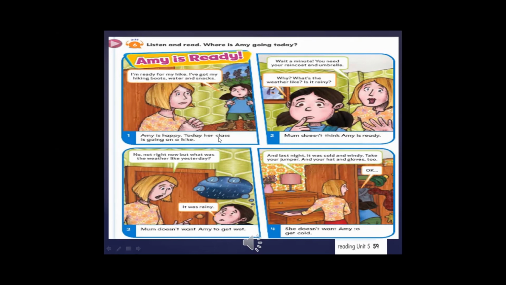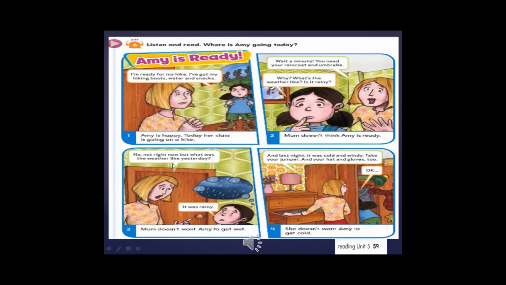Today her class is going on a hike. Wait a minute. You need your raincoat and umbrella. Why? What's the weather like? Is it rainy? Mum doesn't think Amy is ready. No, not right now.